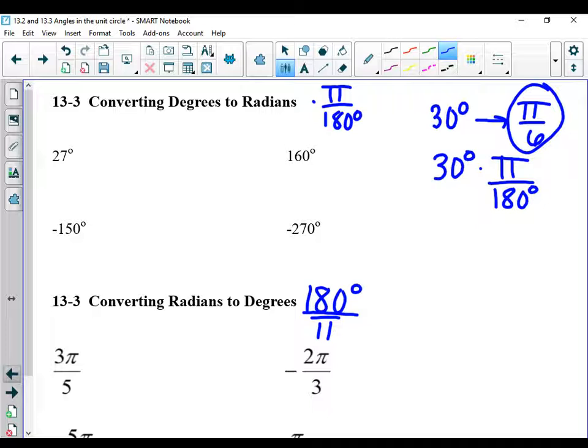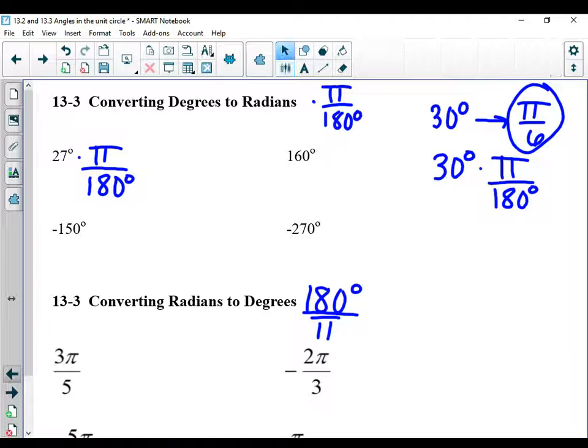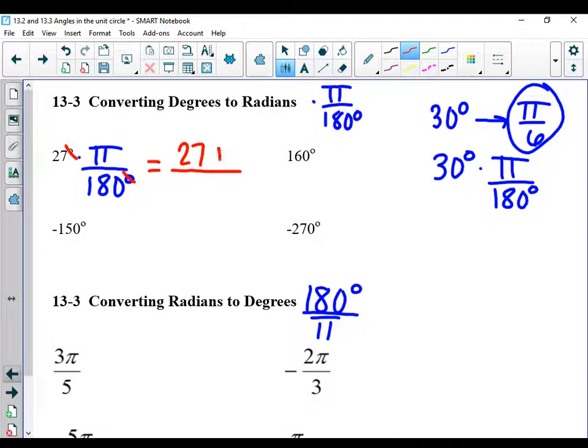Looking at 27 degrees, I'm still going to multiply by pi over 180. This one's not on our unit circle, so we visually can't see that we got it right. Technically my degrees cancel, and what you're doing when you type 27 divided by 180 is you're just reducing the fraction.